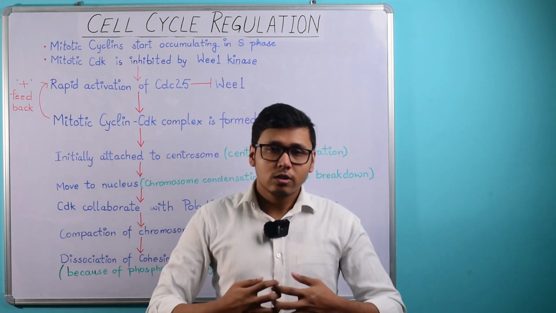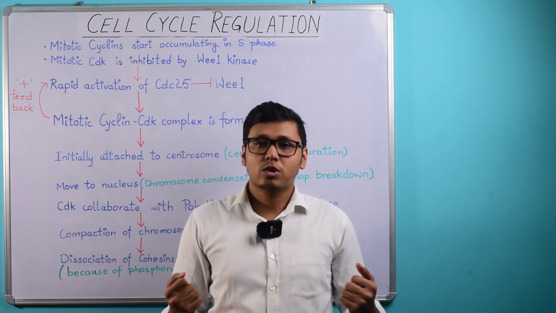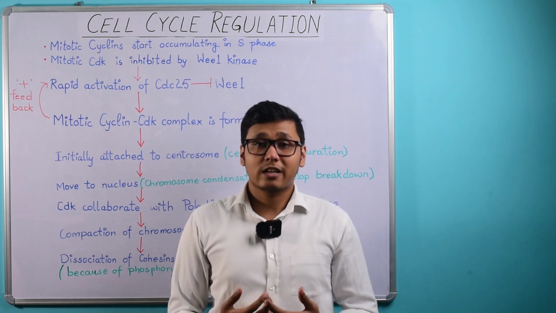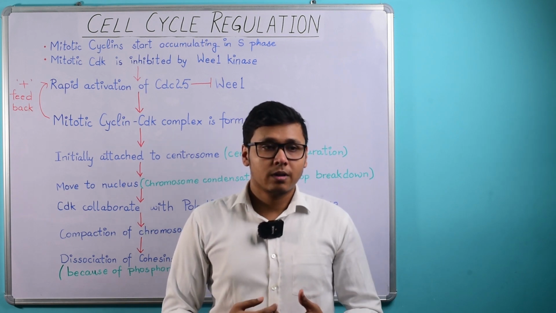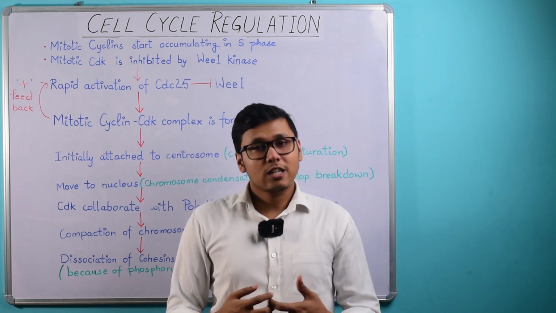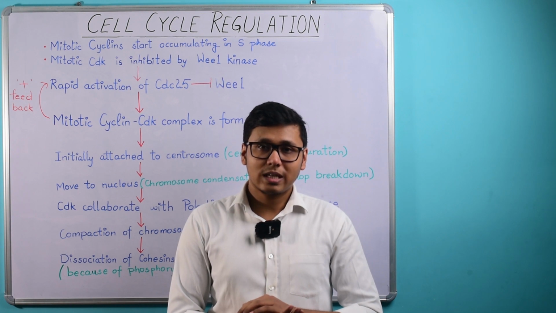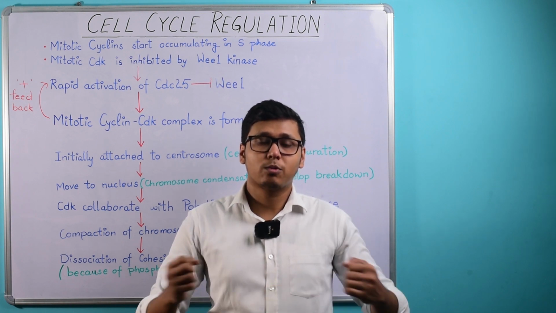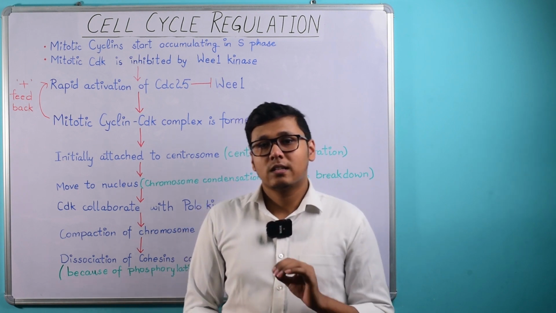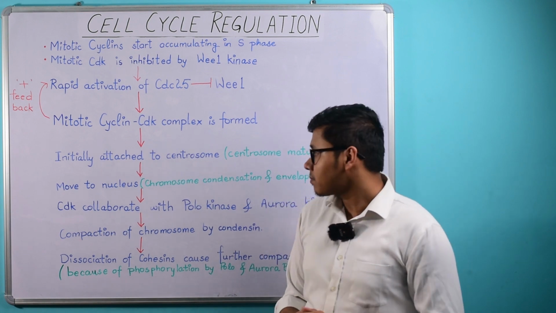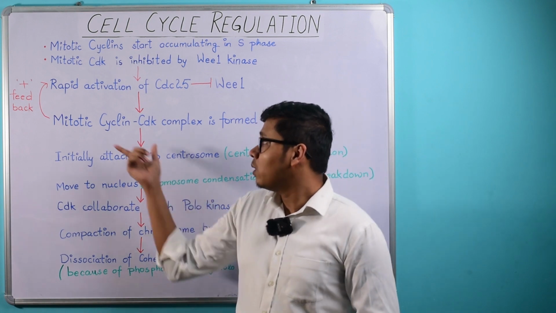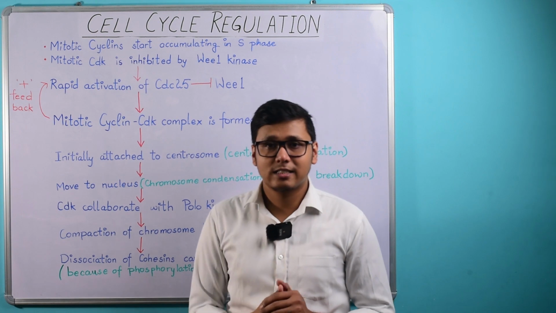See, for the chromosomes to be segregated to the opposite poles, only the factors for the segregation are not enough, because it is necessary for the chromosomes to be packed in a compact structure so that they can travel without any damage to the opposite poles, and for that purpose the chromosome needs to be condensed, and this condensation is led with the help of mitotic cyclins and CDK.